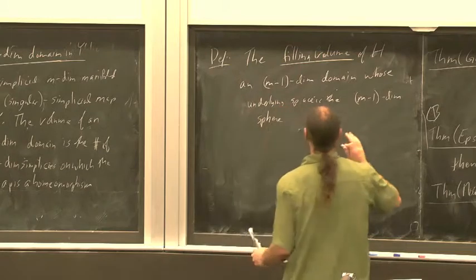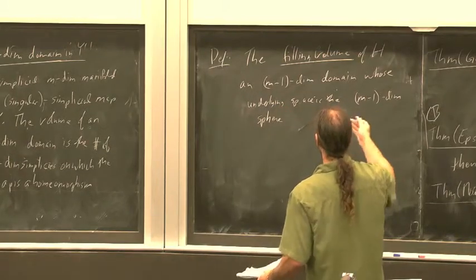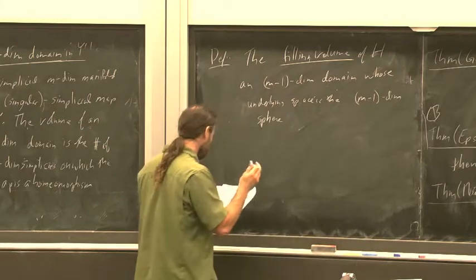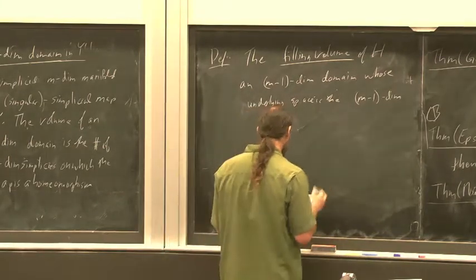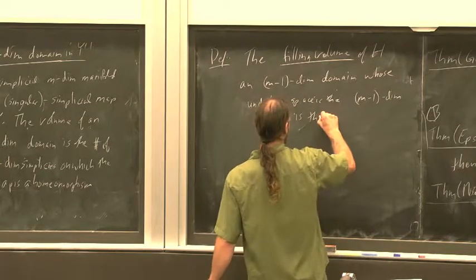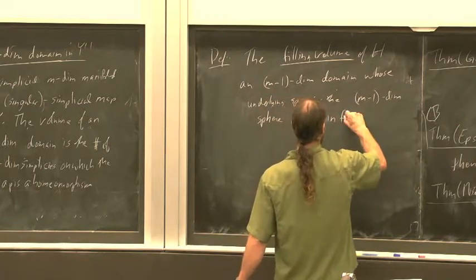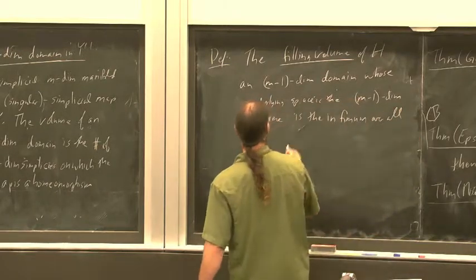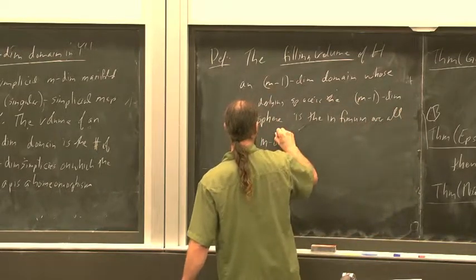You could do this more generally, but for now, the filling volume of an (m-1)-dimensional domain whose underlying space is the (m-1)-dimensional sphere is the infimum over all m-dimensional volumes.